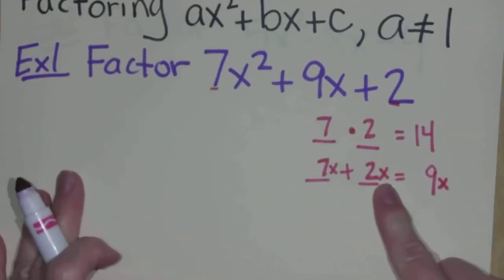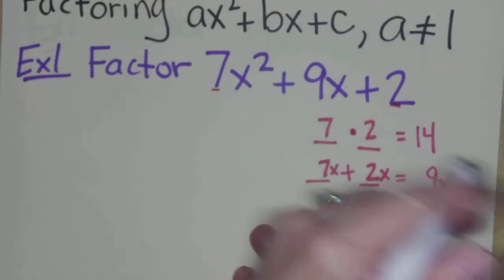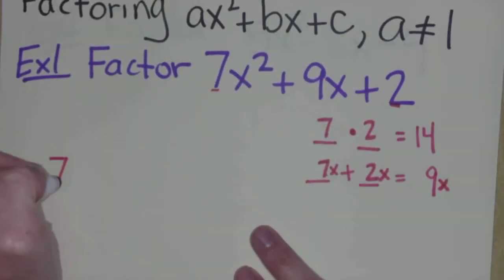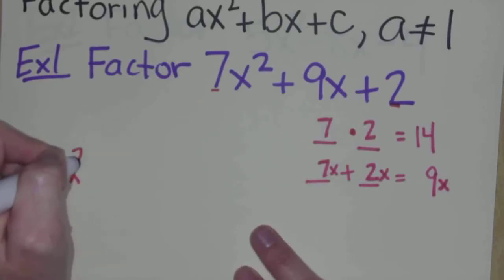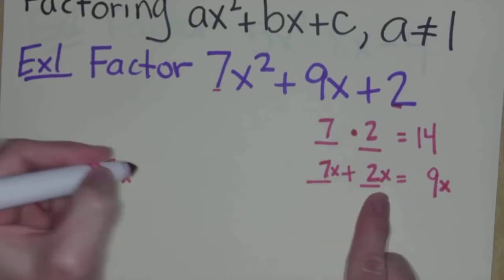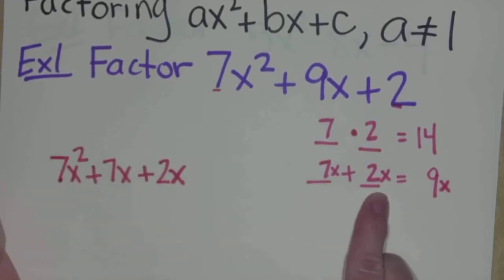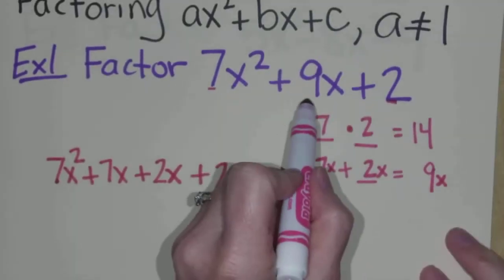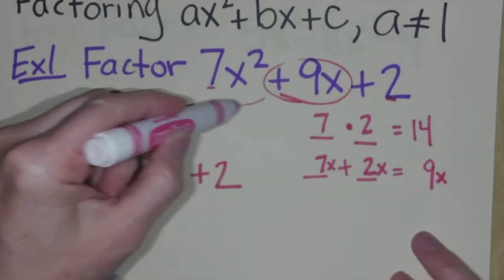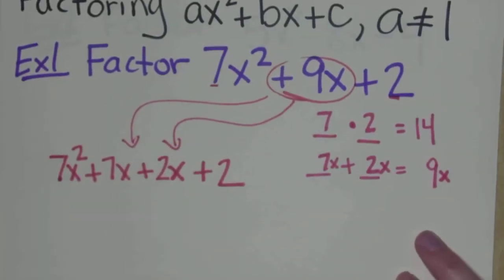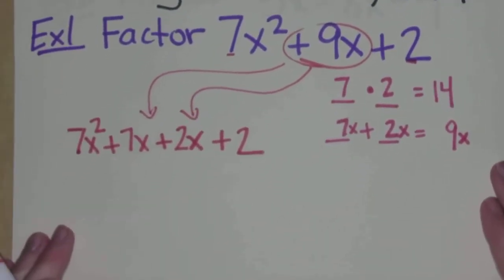So coming on down, I'm going to write my trinomial as a polynomial of 4 terms. I'm going to have 7x squared, plus 7x plus 2x plus 2. So again, I rewrote this 9x as 7x plus 2x. So I haven't really changed the problem, just the way it looks.